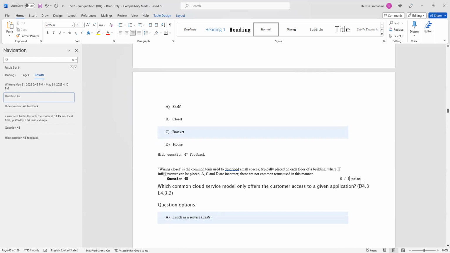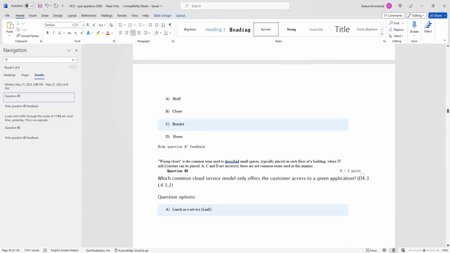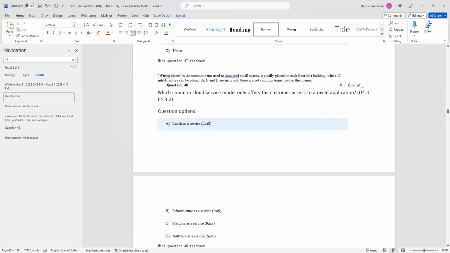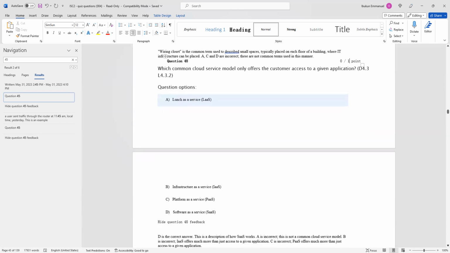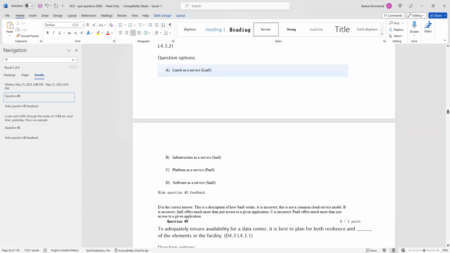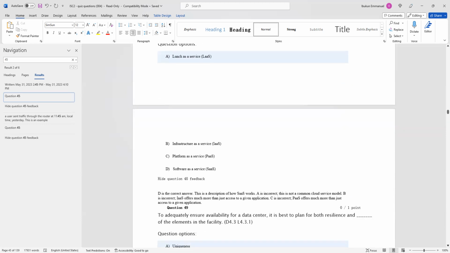So which common cloud service model only offers the customer access to a given application? And that is software as a service. So software as a service offers access to a single application or a given application.